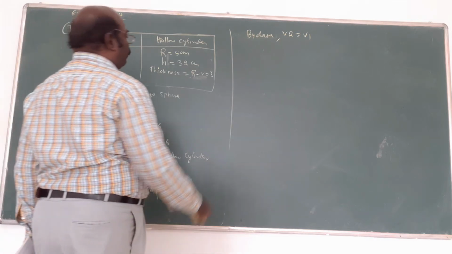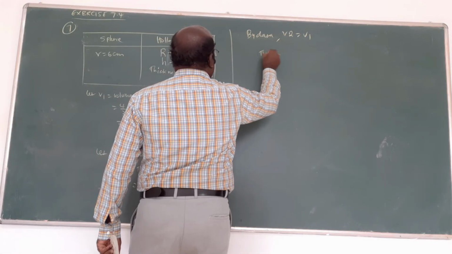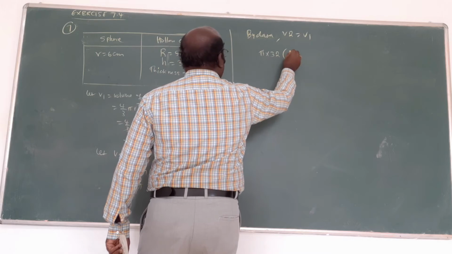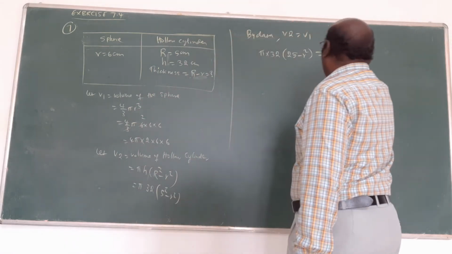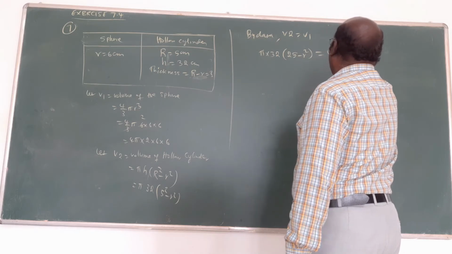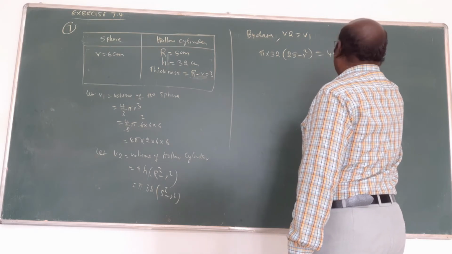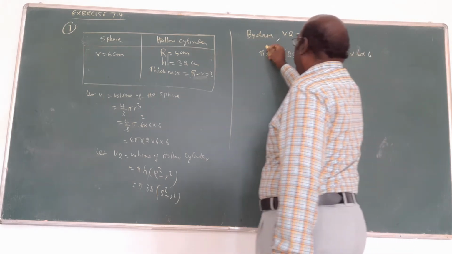Now, what is the formula? Value pi into 32 into (25 minus r square) equals 4 pi into 2 into 6 into 6. Pi cancel. Alright?